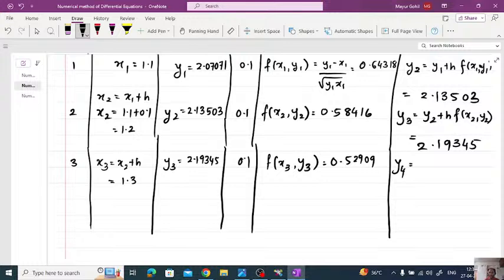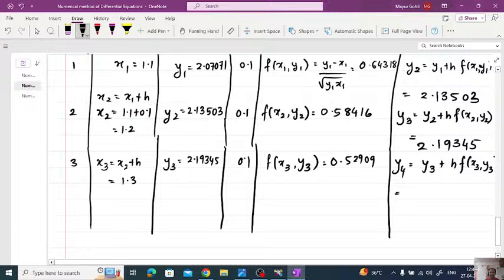Okay, so here you get y4 equal to... y4 formula is y3 plus h times f(x3, y3), this is the formula.